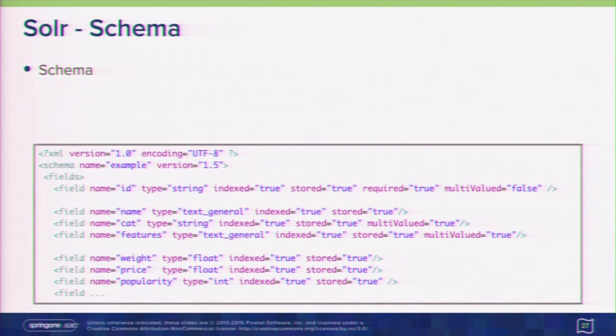So there is an ID that's of type string, and now comes the interesting part. It's indexed. You have to set the indexed value to true in order to have it searchable. If it's false, you won't be able to query for it. It would give you an error that there is no such field and doesn't know anything about it, and that's all. And the next attribute is stored.